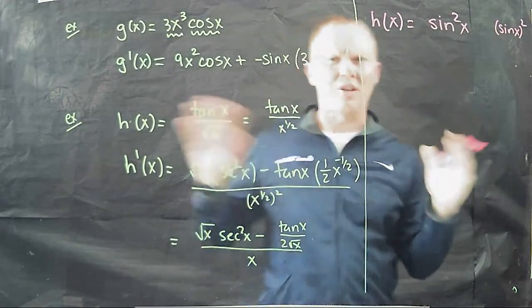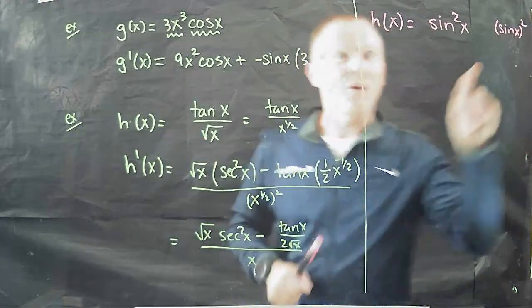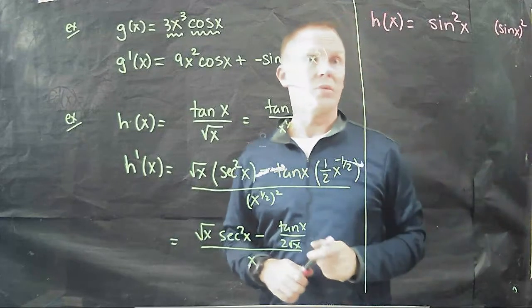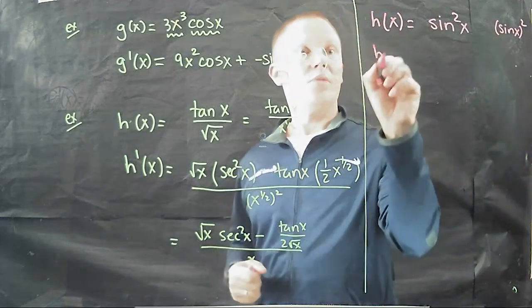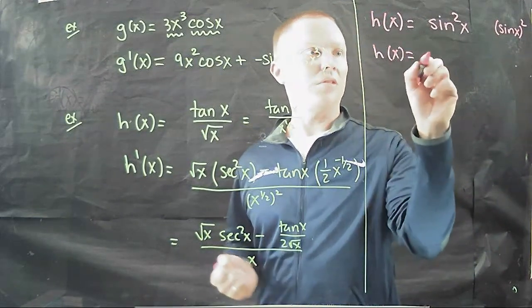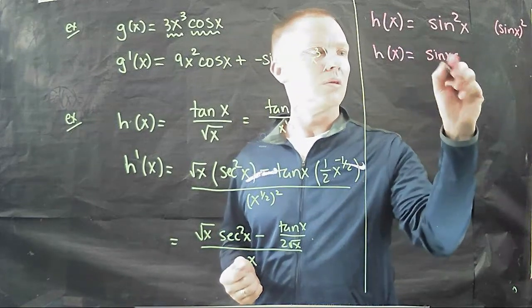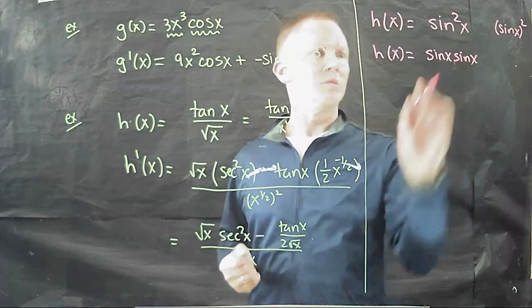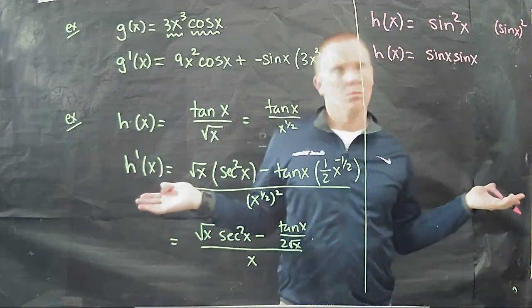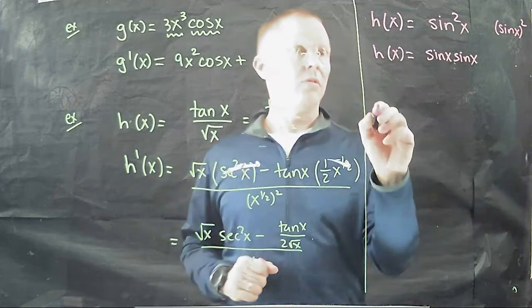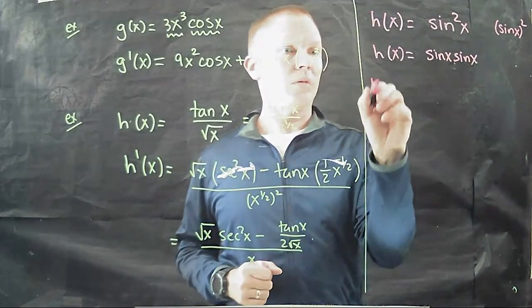And then you might want to try to use some sort of power rule, but we don't know how to do that yet. We will learn soon. So why don't we just think of sine squared like this? Sine of x times sine of x. Can we do that? Ain't no thing.